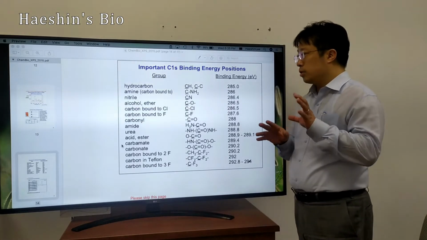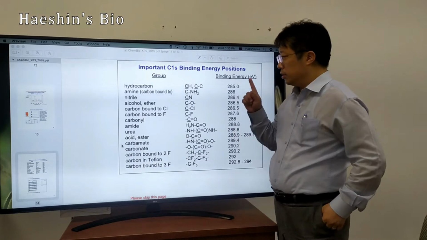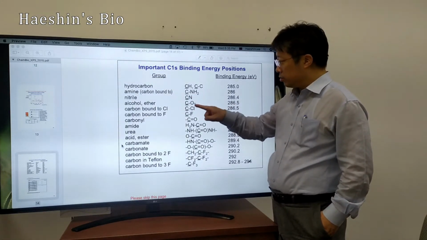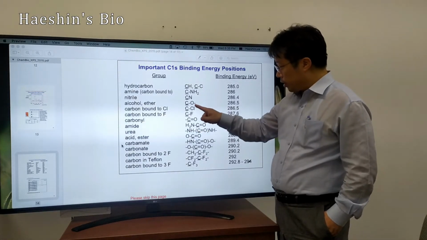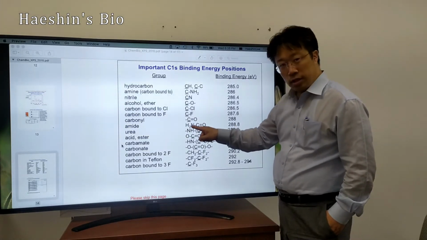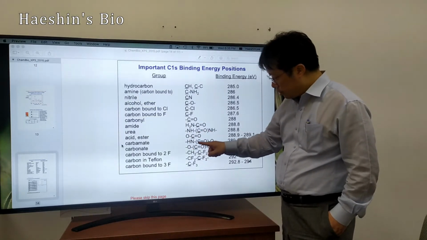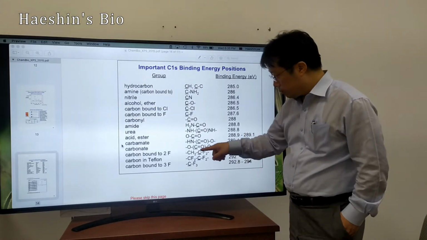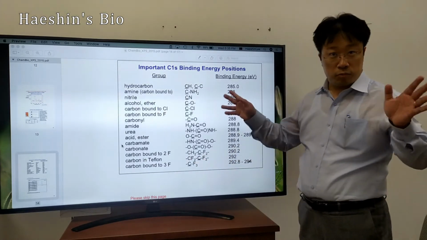But now the important thing is the carbon near some electronegative atoms connecting: nitrogen, oxygen, chlorine. We have a carbonyl with 1 carbonyl, and then nearby nitrogen, carbonyl with nitrogen, carbonyl oxygen, and also the oxygen of the ester bond, and fluorine, those kinds of things.